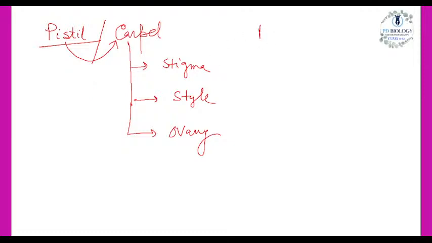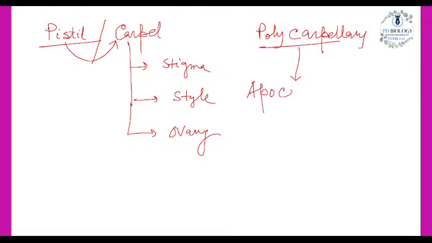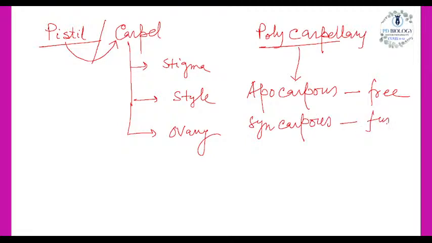And polycarpellary pistils are of two types: apocarpous, when the carpels are free, and another is syncarpous, when carpels are fused.